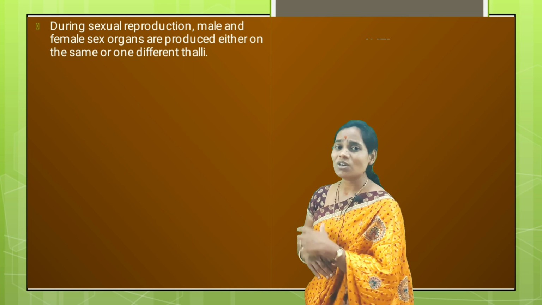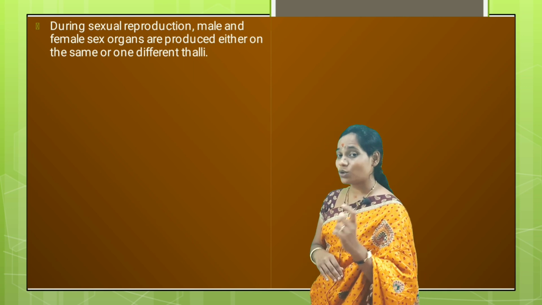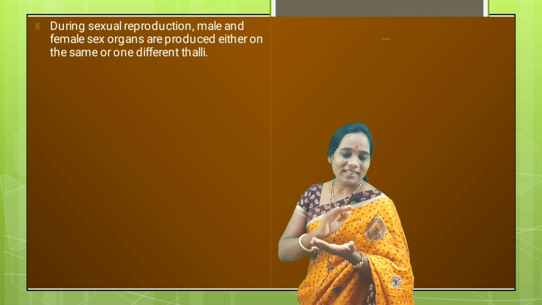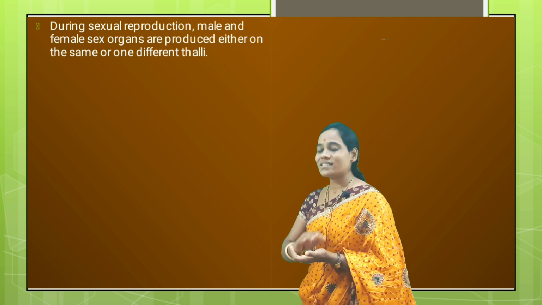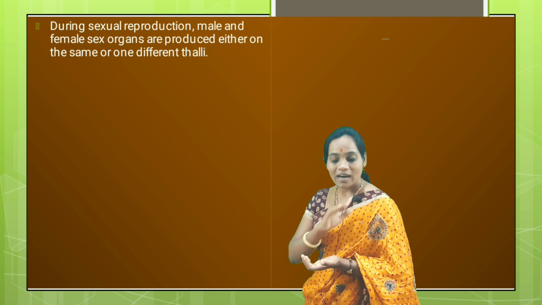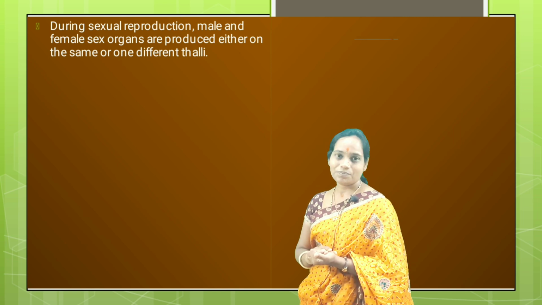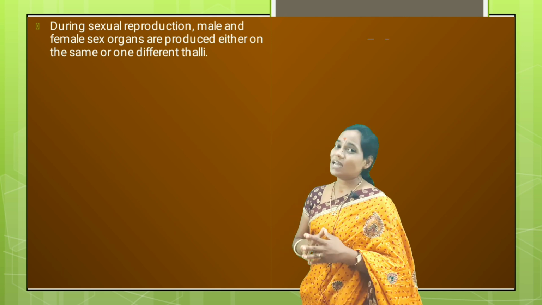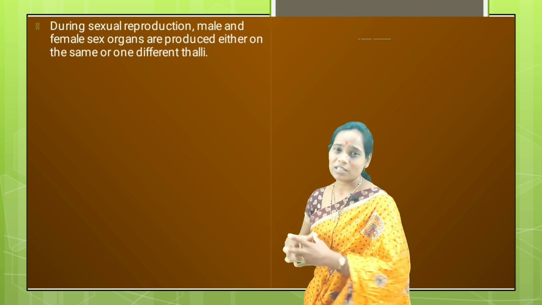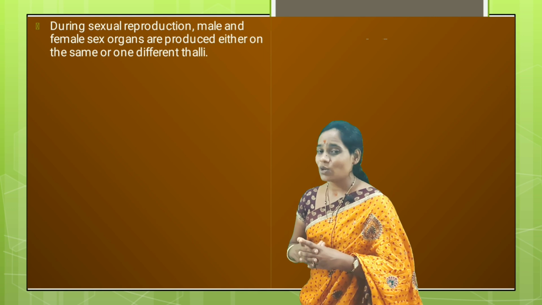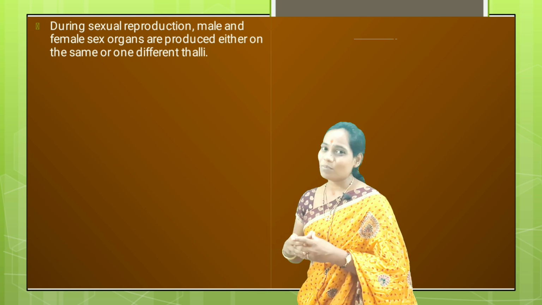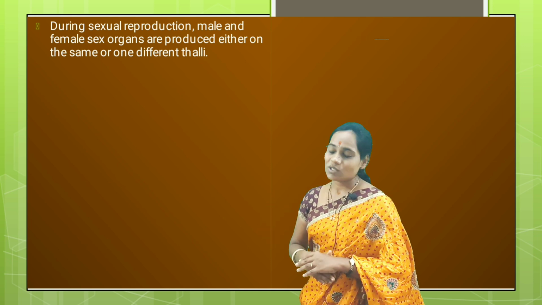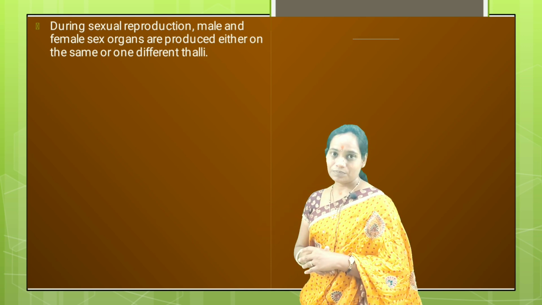What are the sex organs in bryophytes? As I told in my last video, the male sex organ is antheridium and the female sex organ is archegonium, and sexual reproduction takes place with the help of these sex organs.